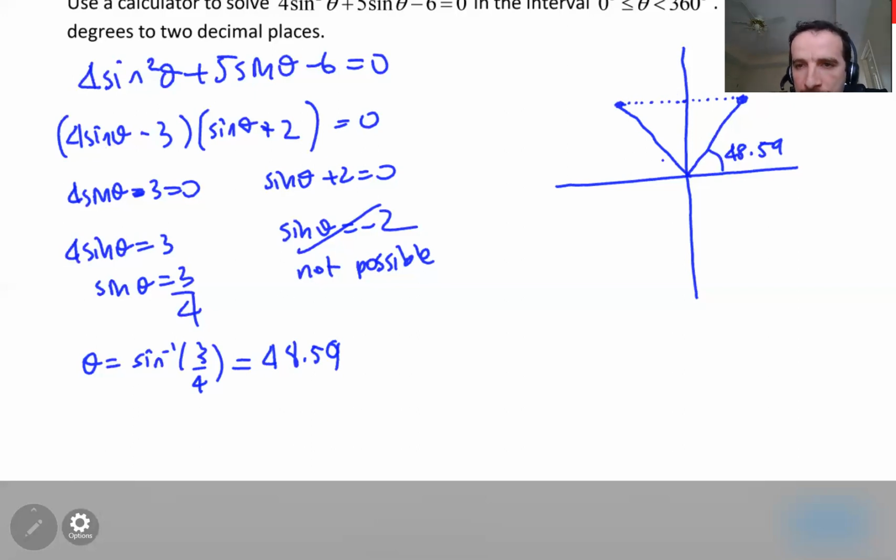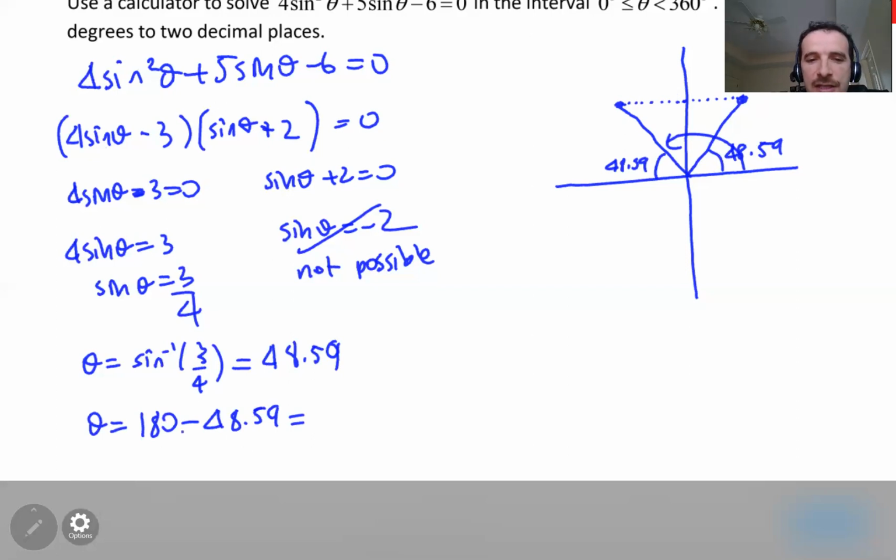Anyway, this angle is, from symmetry, 48.59, but I want this angle. So the second solution for theta is 180 minus 48.59. Let's not use the calculator this time.